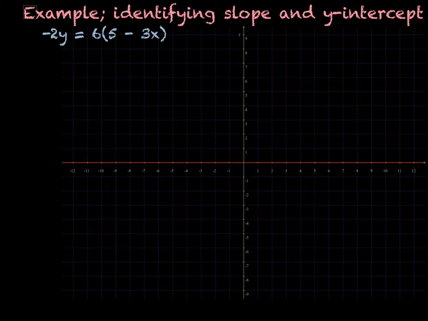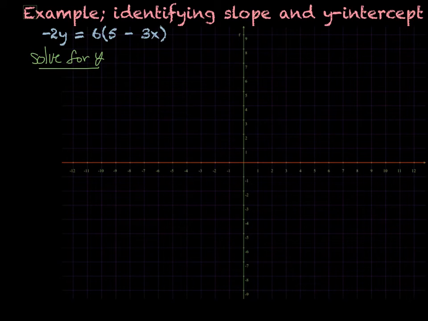This next one, we want to identify the slope and the y-intercept and then graph it, same thing. However, this is not in slope-intercept form, so we don't know what the slope is. We have to do some math to figure that out. So what I want to do is solve for y, and then we will be in slope-intercept form.